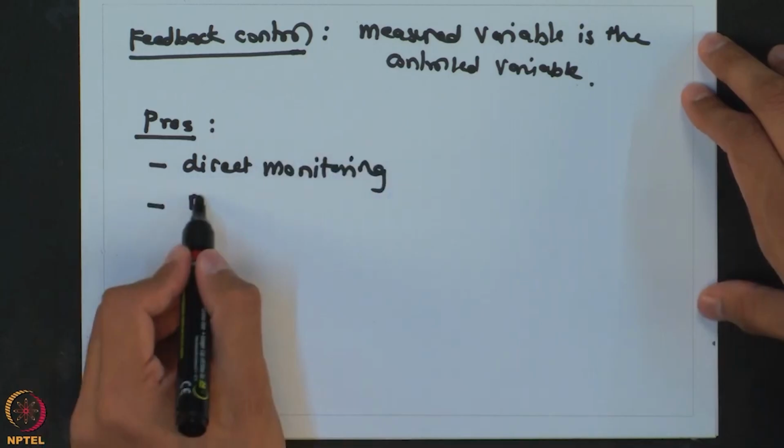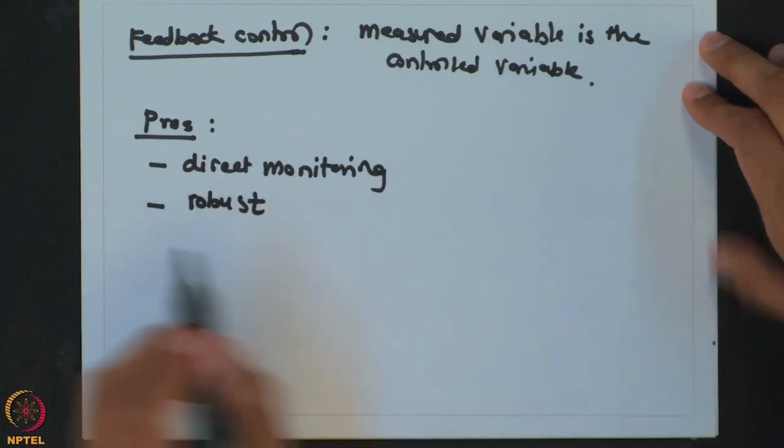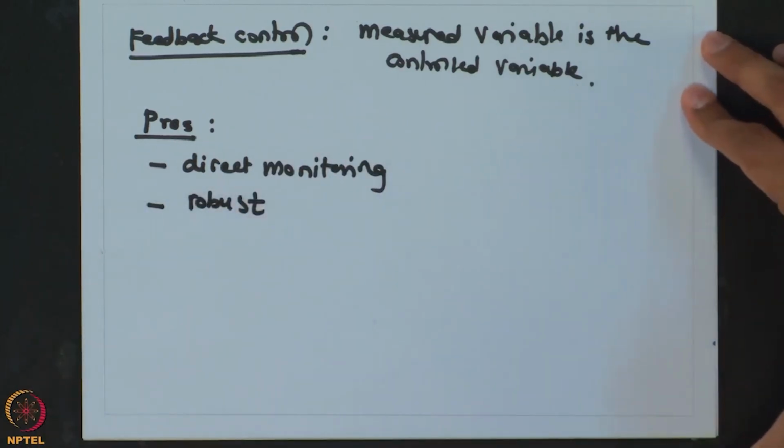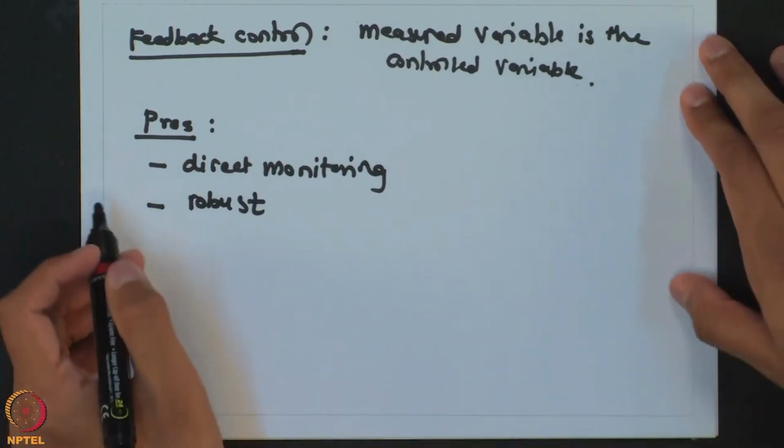And this control strategy is also very robust. You don't need to know all the disturbances which are affecting the process, and because of that feedback control is one of the most commonly used control systems, especially at a regulatory level, and that is why in this module on process control we will be heavily focusing on the feedback control part.